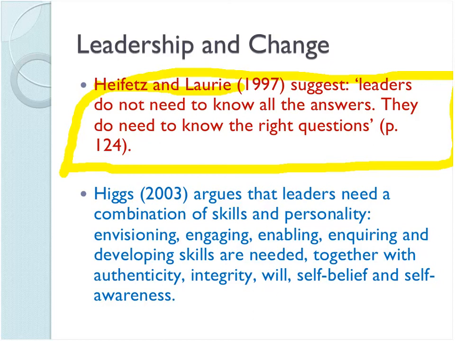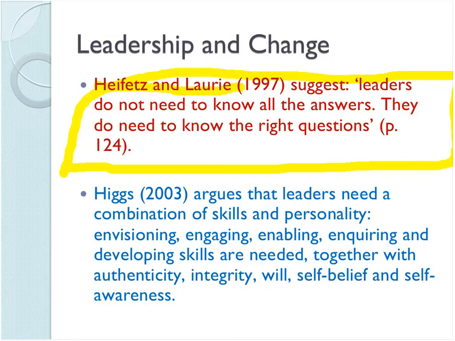You can have your own vision of how the problems can be solved. For example, as a leader, we can influence people to solve problems.